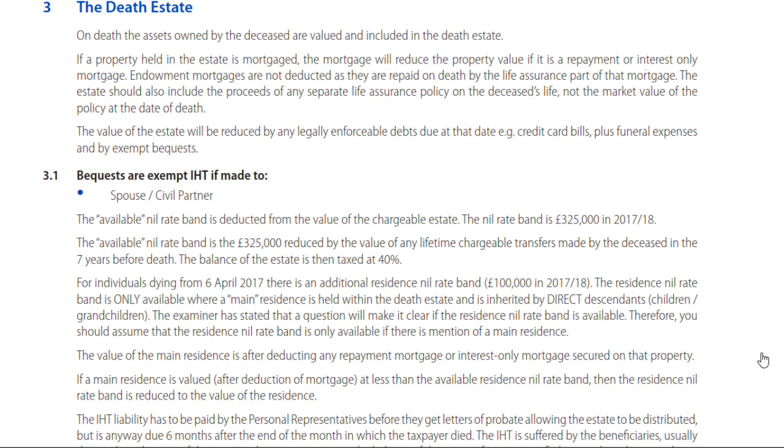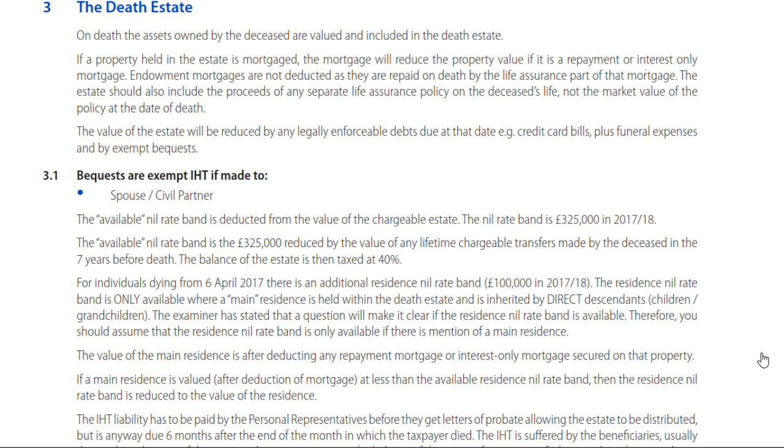I used a figure of 200,000, you may recall, and will do in the examples coming up in a few minutes' time. But the amount of tax payable on whatever gift was nothing to do with the recipient, it was everything to do with the donor. It was a cumulative donor-based tax.